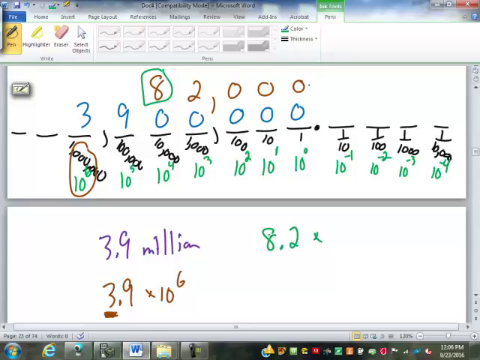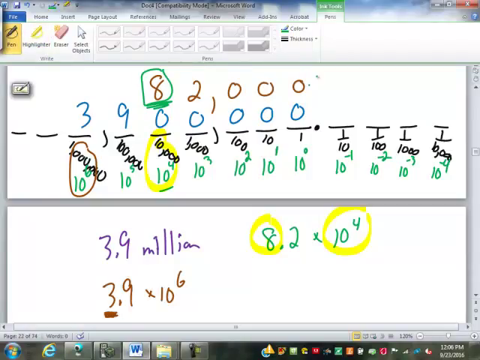This is why there's only ever one digit in front of the decimal point in scientific notation: the power of 10 is naming the place value of that one digit. What place value is the 8 in here? The 10,000 or the 10 to the 4th. So it's 8.2 times 10 to the 4th. So this 10 to the 4th is saying this 8 is in the 10,000s place.